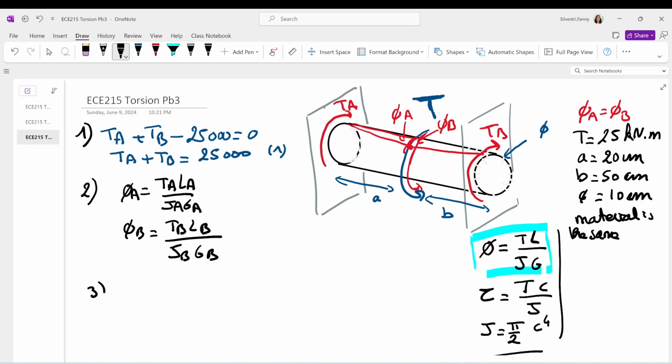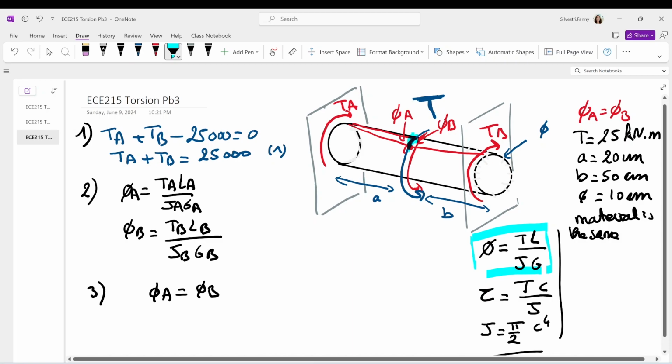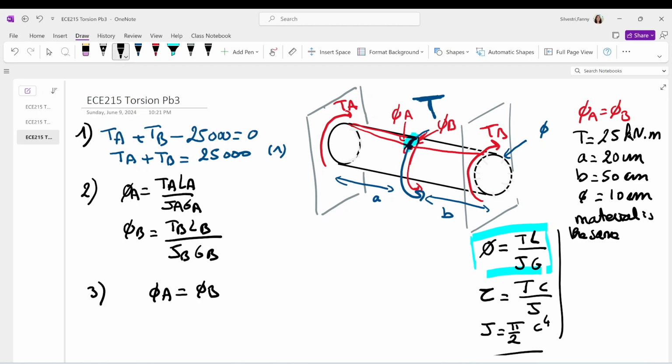And number 3, we can say that phi A equals phi B, because this little twist angle is the same, they're attached together. So TA LA divided by GA JA equals TB LB divided by GB JB. This is the same material, so GA and GB are the same. It's also the same diameter everywhere, so JA and JB are the same.